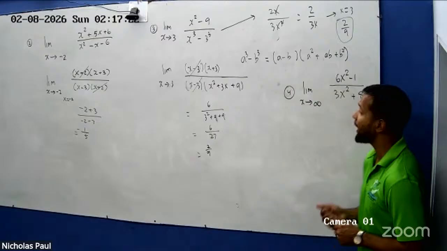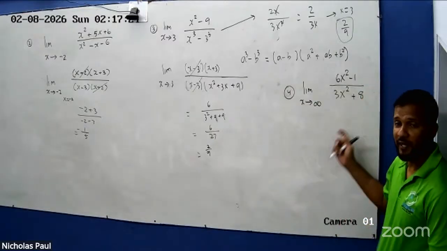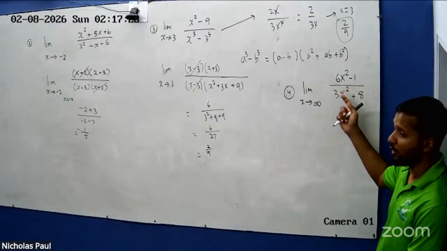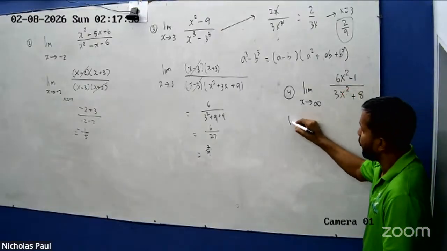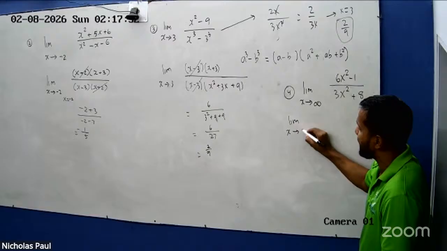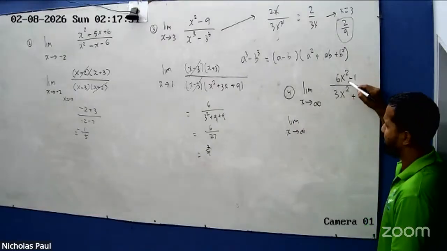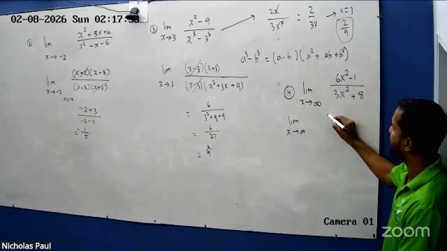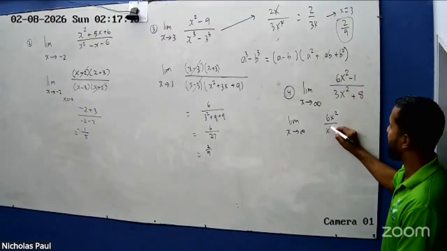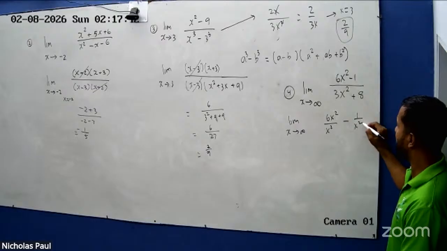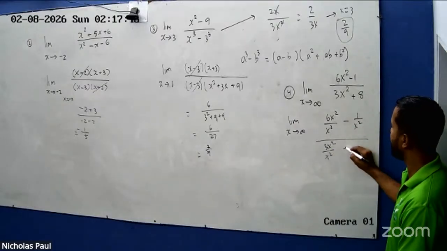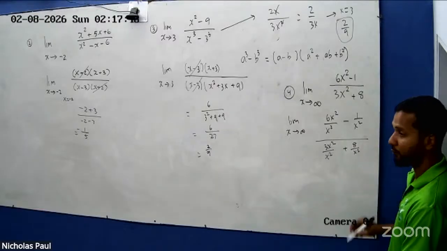All right, last part. Right, what you all did here? Right, factorization will not work, right? So what you'll have to do here is divide by the highest power. And the highest power is squared, right? So it's 6x squared on x squared minus 1 on x squared over 3x squared on x squared plus 8 on x squared.